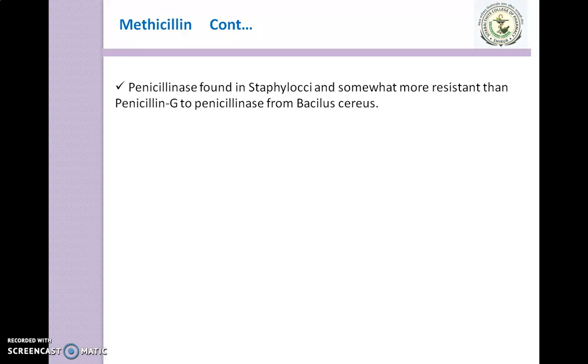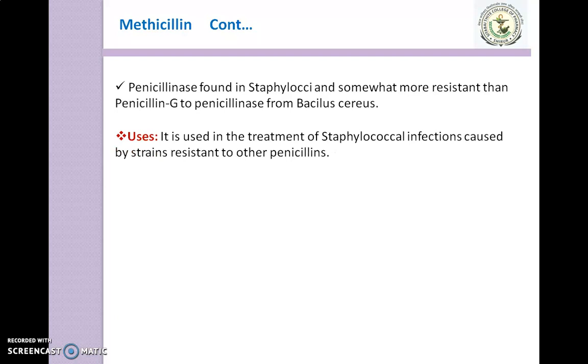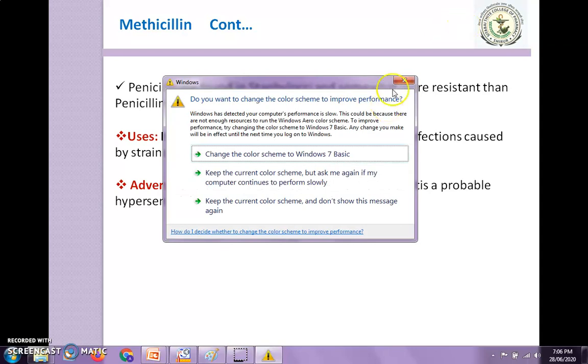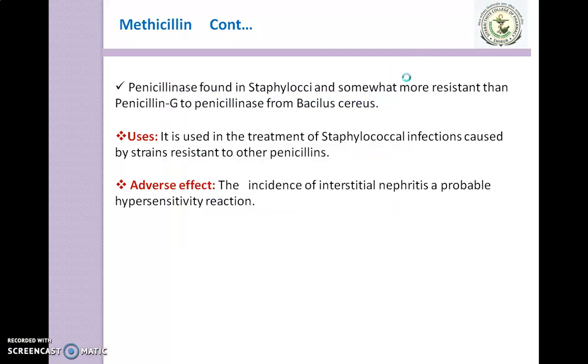Methicillin is more resistant than penicillin G to penicillinase from Bacillus cereus. It can be used in the treatment of staphylococcal infections caused by strains resistant to other penicillins. It has an incidence of interstitial nephritis, a probable hypersensitivity reaction.